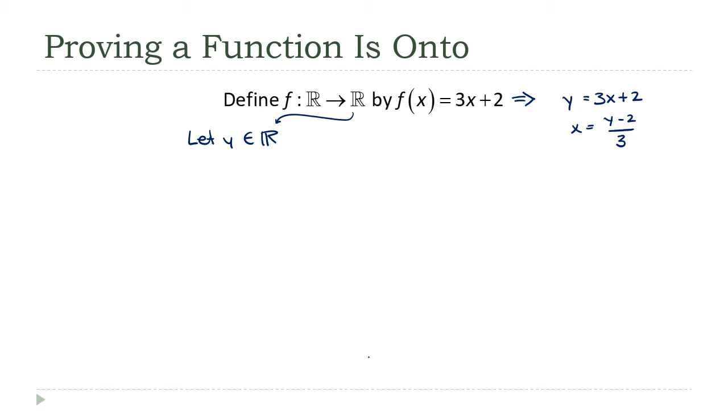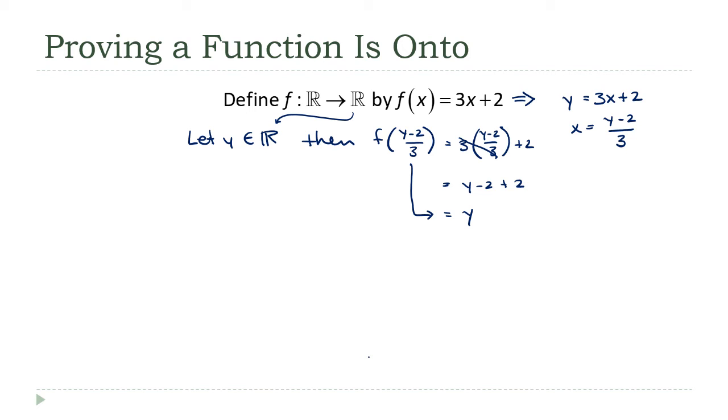So let y be an element of R, then f of (y minus 2) over 3 is equal to, and I'll actually work it out here, let's substitute it into my function formula: 3 times (y minus 2) over 3, plus 2. This is y minus 2 plus 2, which is y. And that's what I needed to do. This x value gets mapped to that arbitrary y value that I've chosen.